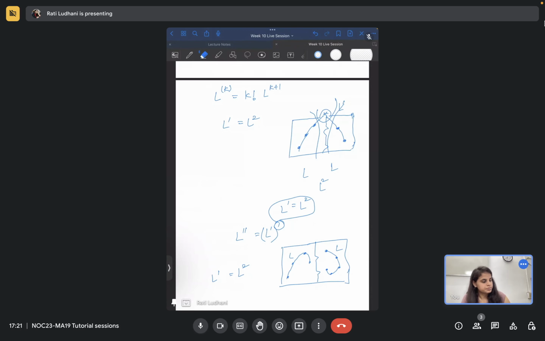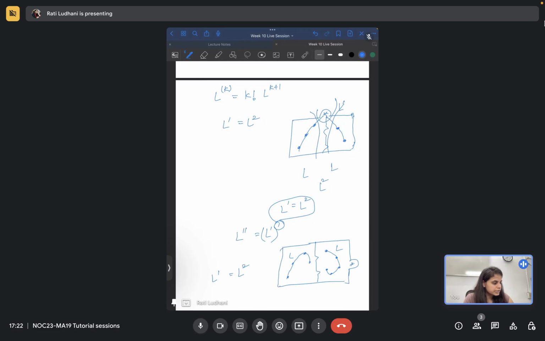So what I mean, over these lines, you either add a star here or you can have it here, not simultaneously. So you can add a star here.